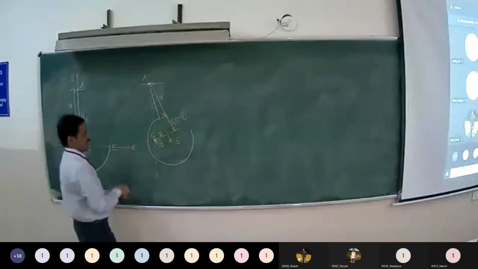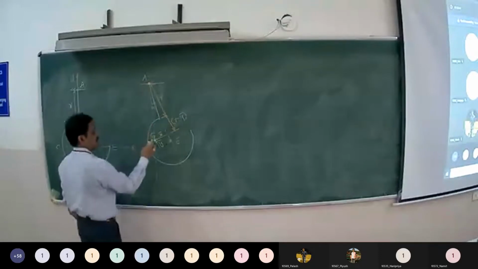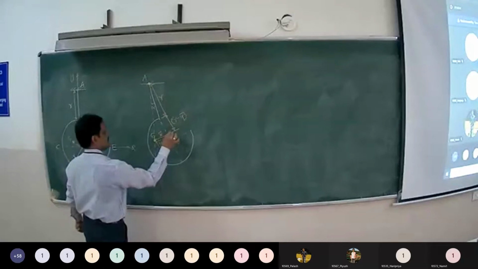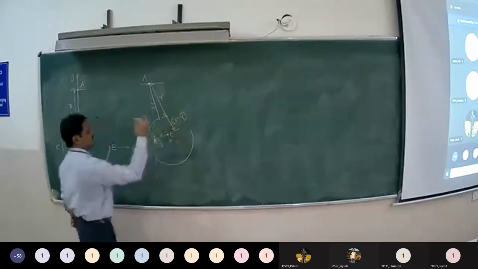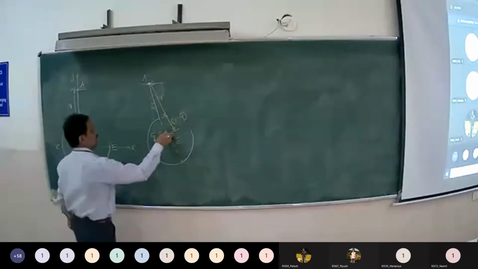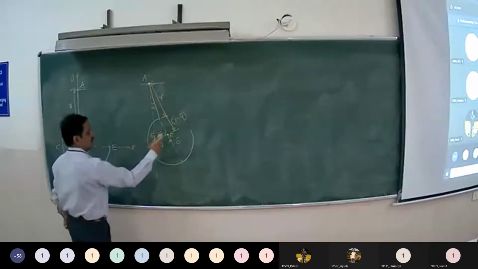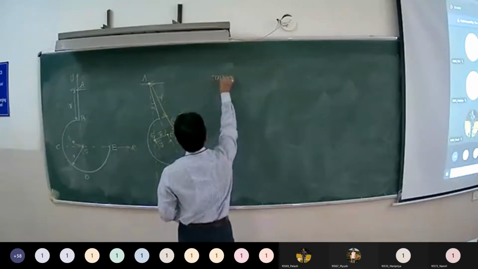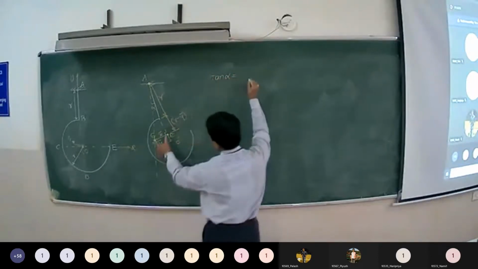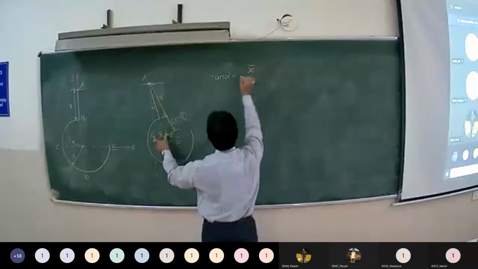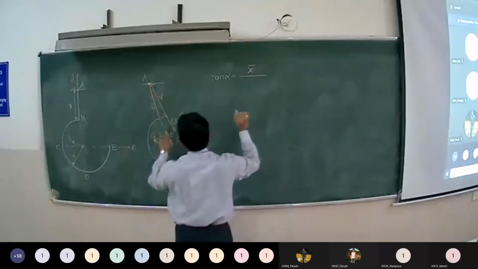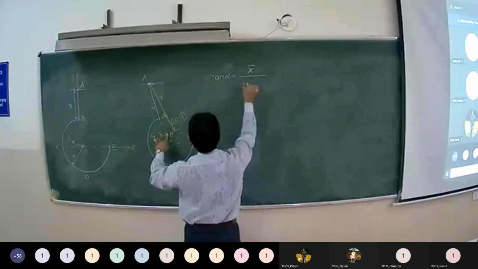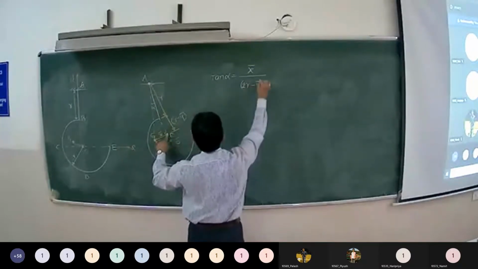Now from the right angle triangle AGE, with this point P, we have tan alpha equal to the opposite side, that is x bar, upon the adjacent side, that will be 2R minus y bar.